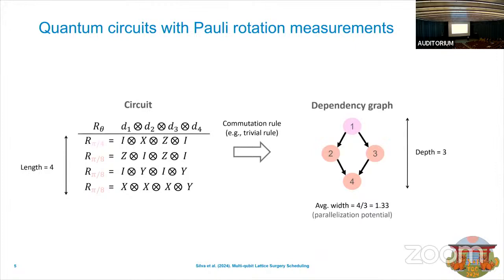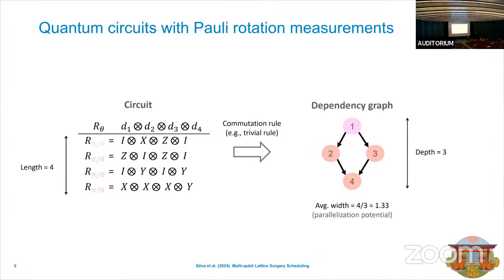In the trivial rule, the second operation and the third operation do not share a single requested qubit. For example, the first qubit is only requested by one operation, the second only by the second one, and so on, remembering that the identity operation means the qubit is not requested. That means that 2 and 3 could be executed in parallel, in theory, because they commute.